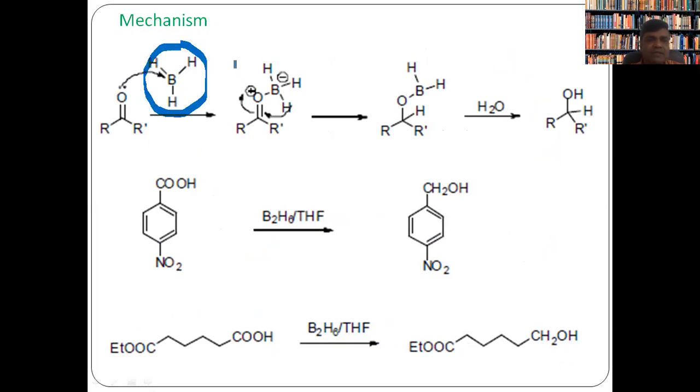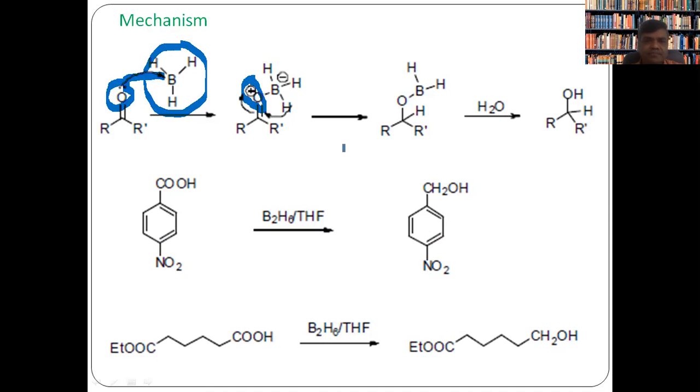Only 6 electrons are there in the outermost orbit, and oxygen, having a lone pair of electrons, is electron rich. So it donates its lone pair to the boron, and a bond is formed between oxygen and boron, which is a coordinate bond. As oxygen donates its lone pair, now oxygen has the positive charge.